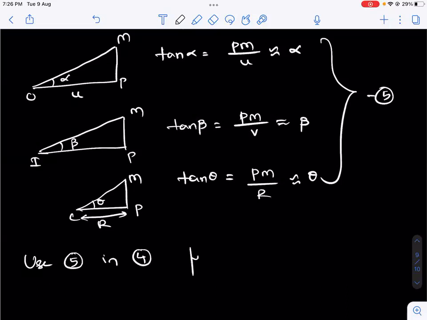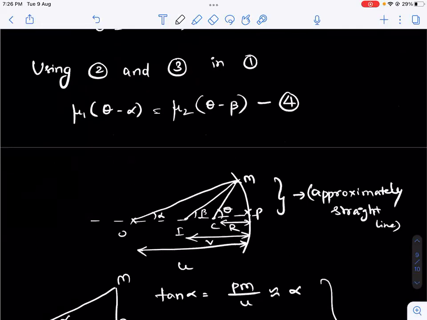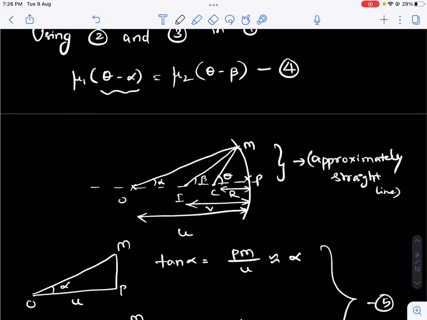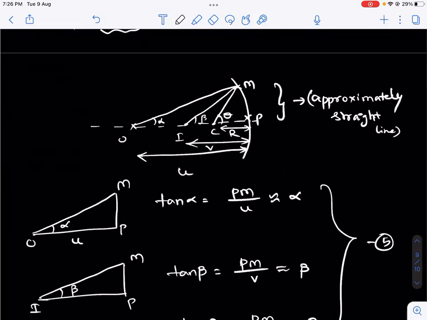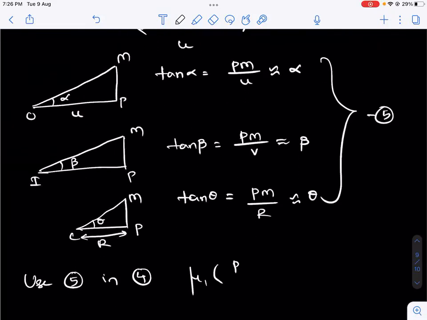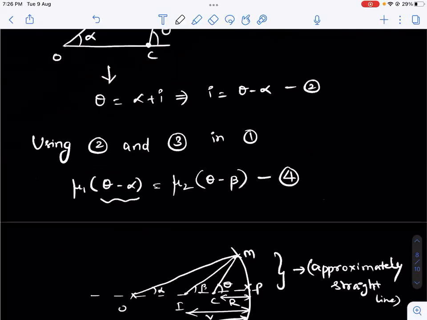When I do this, I'll get mu1 into theta minus alpha. So theta is how much? Theta is PM by R, but observe. PM by R with a negative sign because I need to use sign convention. Minus, what is alpha?